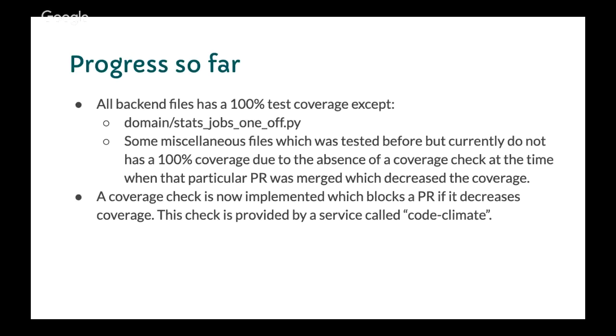And another is that the coverage check is not implemented, which will ensure that a PR does not decrease coverage. This check is provided by a service called Code Climate. So next slide, please.